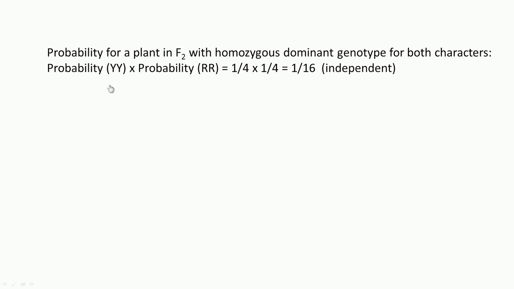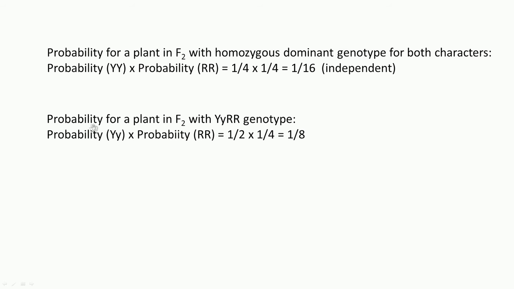So, in other words, probability of capital Y capital Y and capital R capital R. We know that the probability of capital Y capital Y is 1/4 and the probability of capital R capital R is 1/4, and therefore, since these are independently inherited, independent assortment, you can multiply these, 1/4 times 1/4, that is 1/16. Independent events, you could multiply the probabilities.